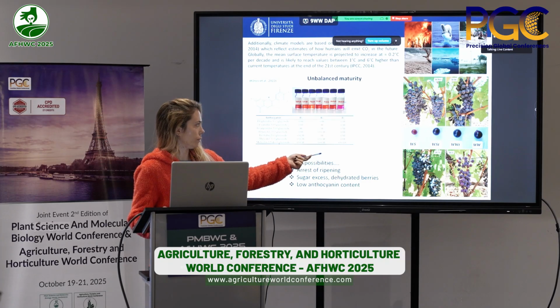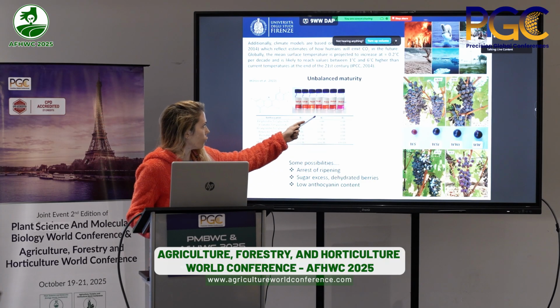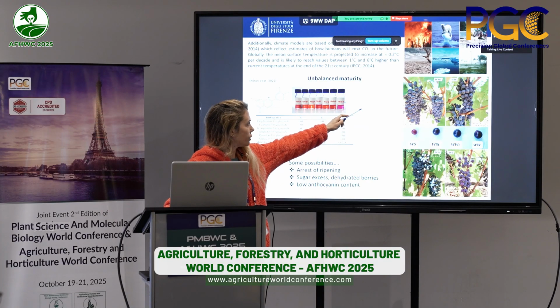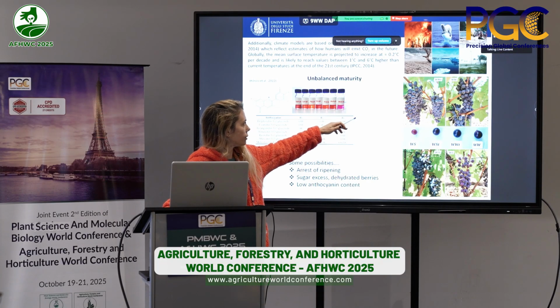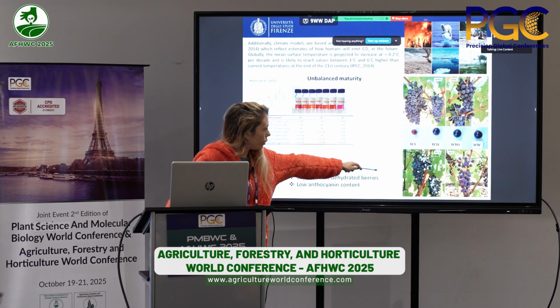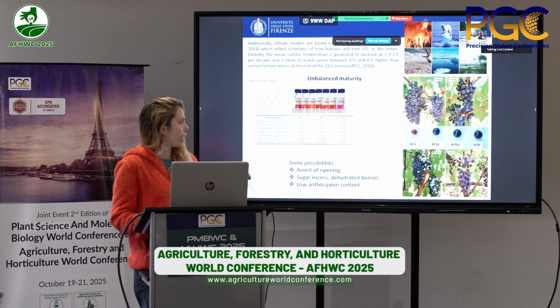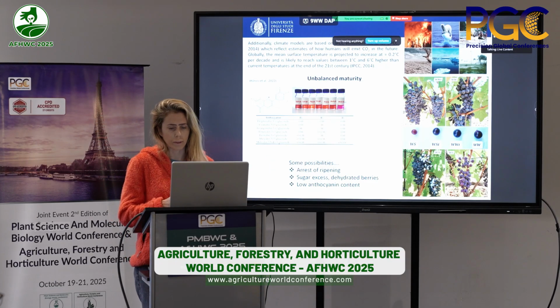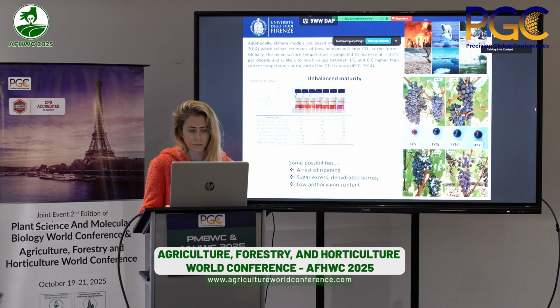And there are some pictures from our experiment. For example, this is an introduction: grapes treated with zeolite and irrigated, just irrigation, only zeolite application, and untreated grapes, so no zeolite and no irrigation. These pictures really show the situation.